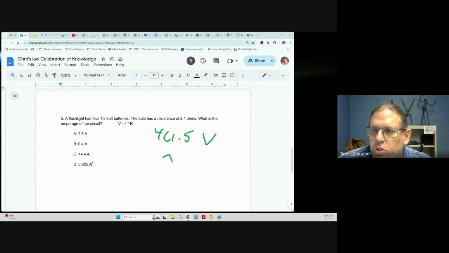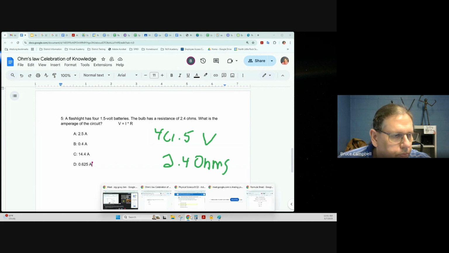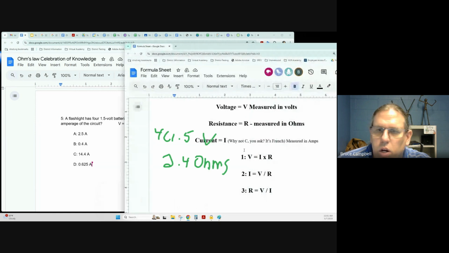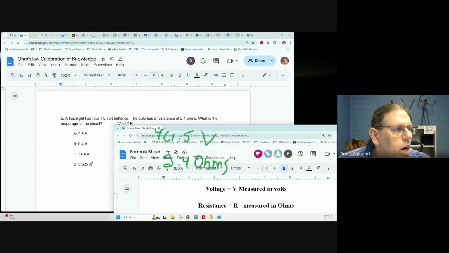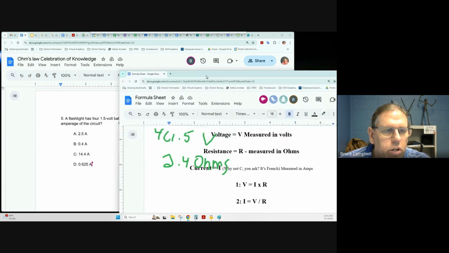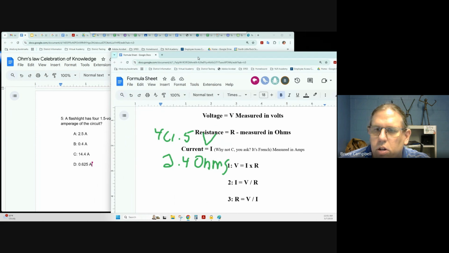They give us 2.4 ohms, resistance. What is our formula that we need? We want to find amperage, that is the current. Which of our formulas are we using?